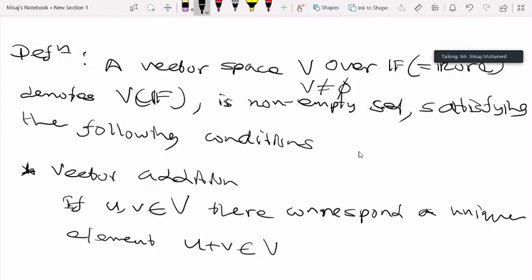So if you take any two elements, maybe you can put this as a first condition: any two elements U and V, that addition must be in that set.